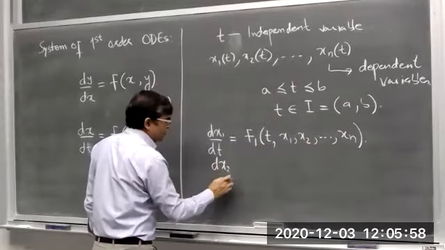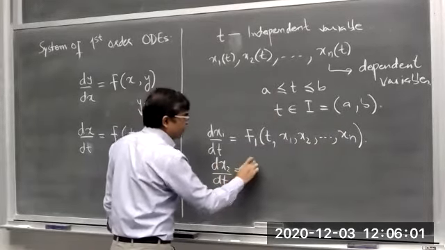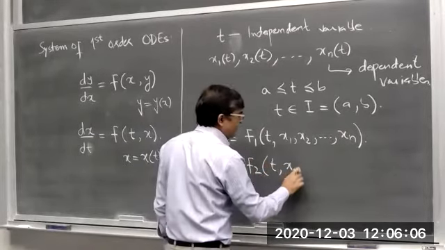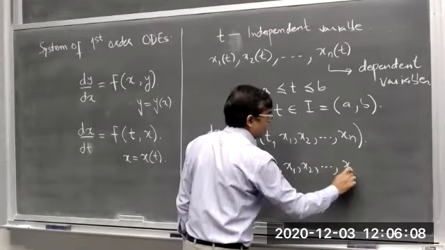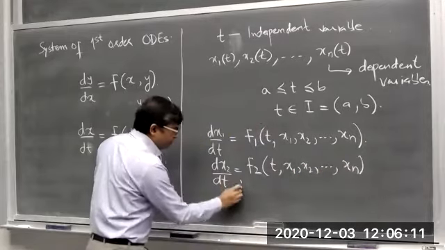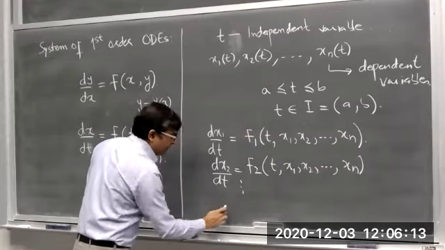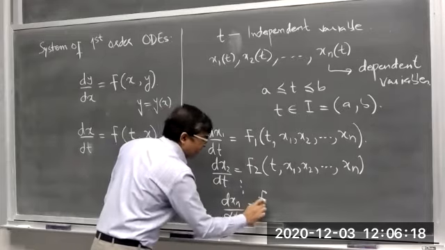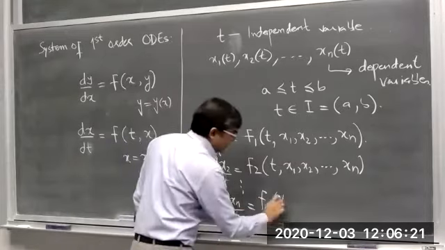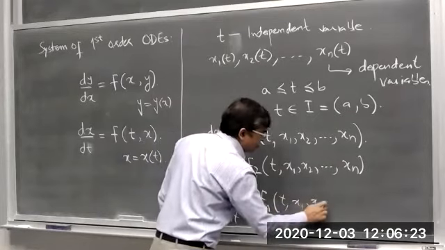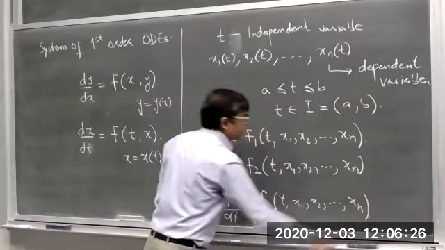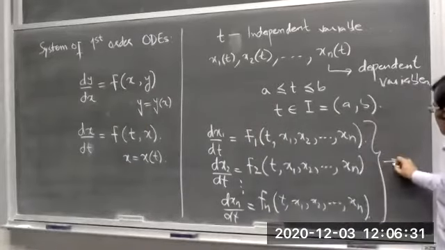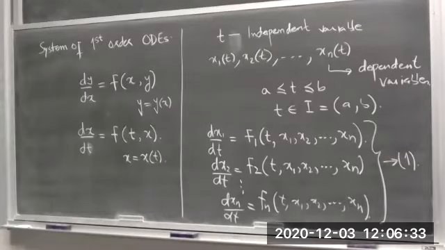Second, dx2 by dt is equal to some other function f2 of t, x1, x2, and so on, xn. In general, dxn by dt is equal to some function fn of t, x1, x2, and so on, xn. This is how we can define a system of first order ODE. We call this system 1.